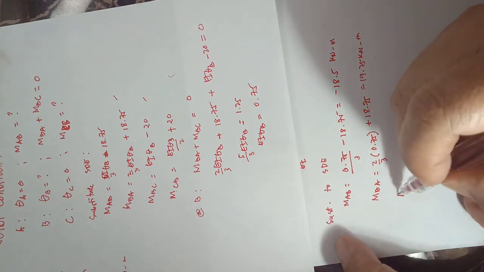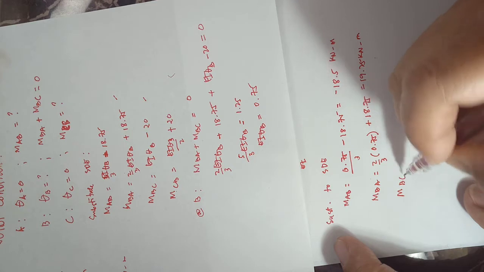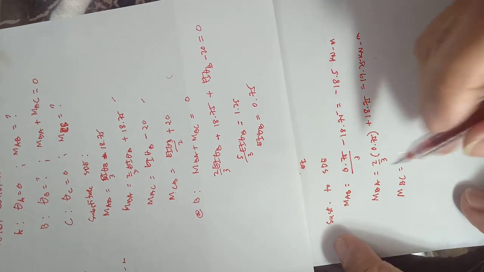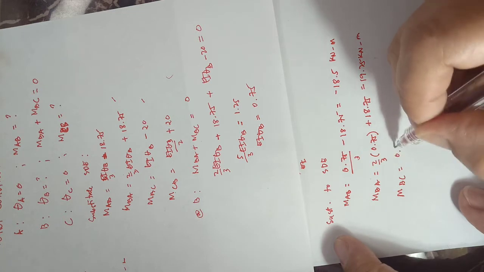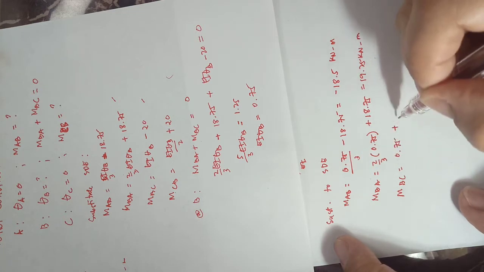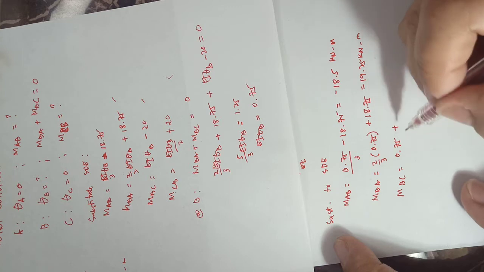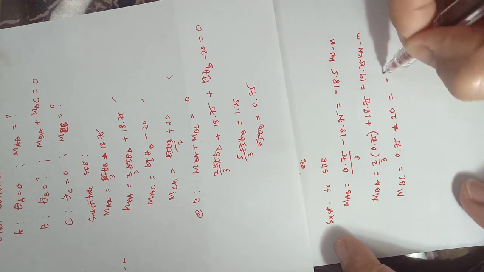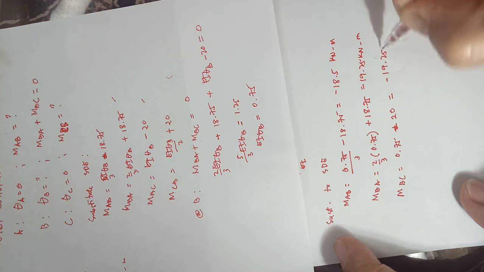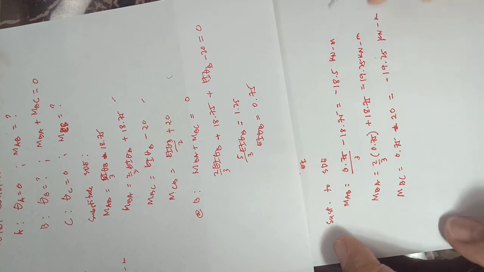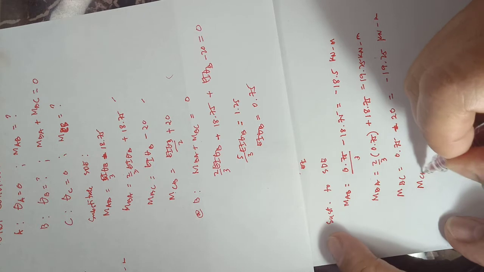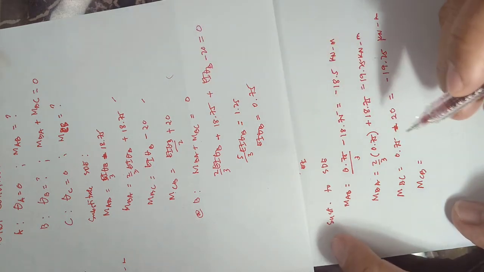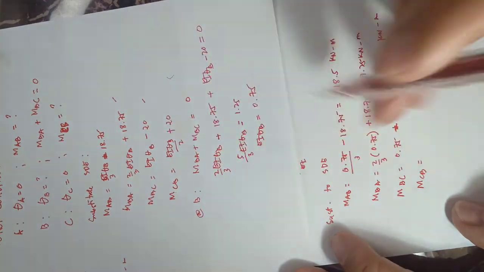Okay, then we have MBC. Our MBC is EI theta B minus 20, and our EI theta B is 0.75 plus BC minus 20. So that will be equal to negative 19.25 kilonewton meter. And then our MCB is equal to 2/3 EI theta B over 2.